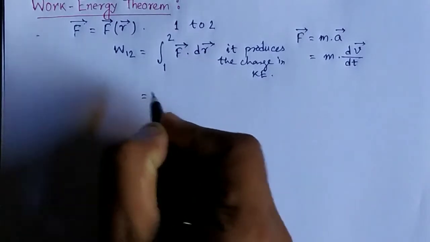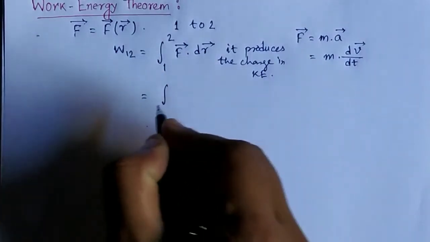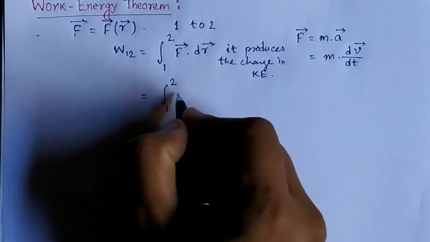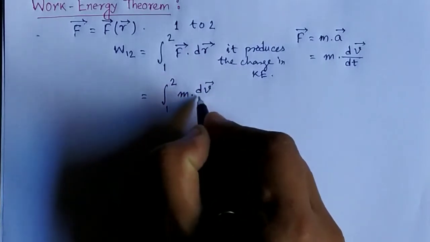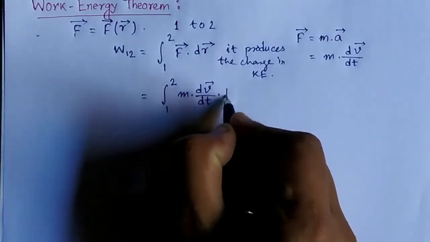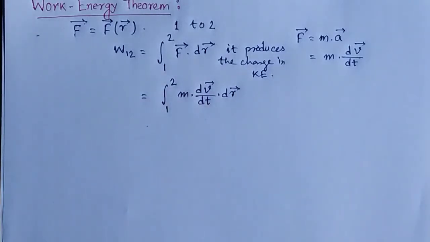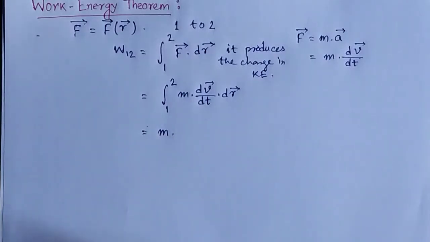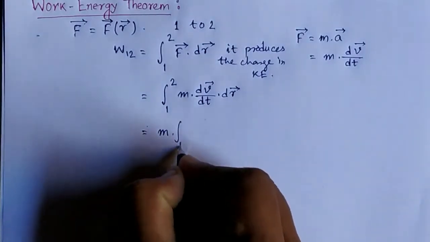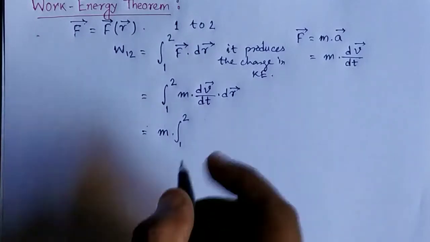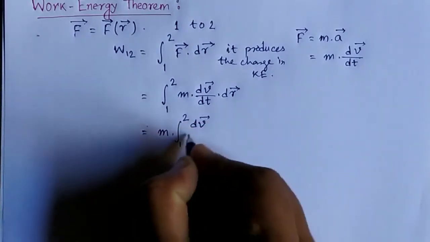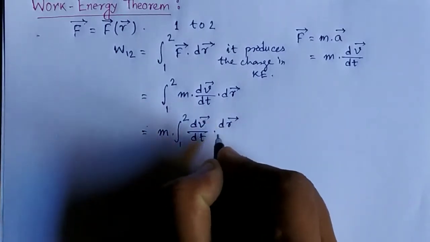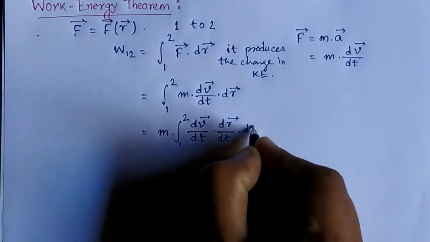Thus we put the value of F, and the integration becomes the integration from 1 to 2 of m dot dv by dt into dr. Now m is a constant, so m into the integration from 1 to 2 of dv by dt into dr by dt into dt.